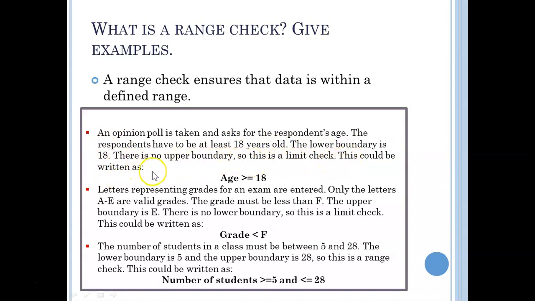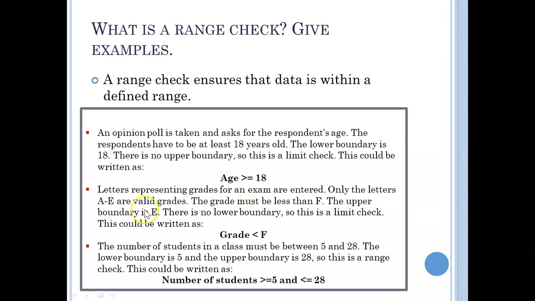This could be written as the age of the person must be greater than or equal to 18. If there's only one boundary involved in your criteria, then it's a limit check. A range check is where you have two conditions that your values must meet.